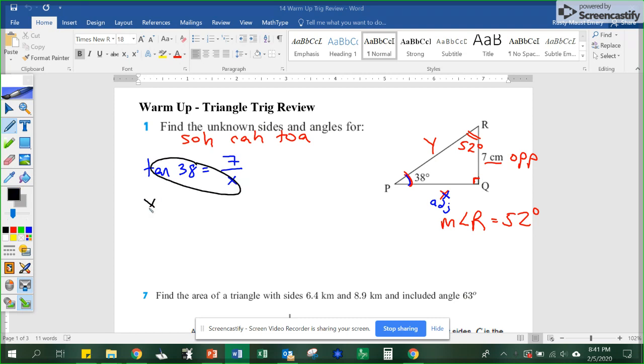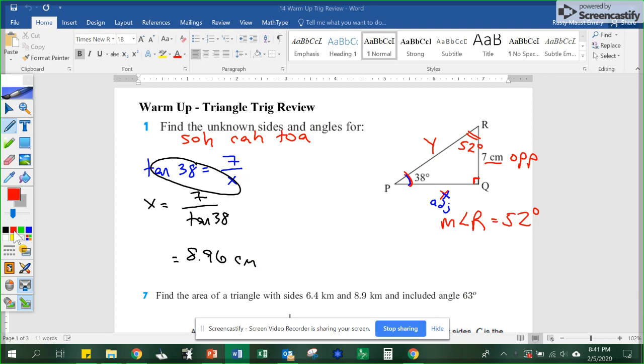So I end up with X equals 7 over tangent of 38. You can do that calculation at this point. When you do that calculation and round to 3 sig figs, you should get 8.96 centimeters. So that is the adjacent side.